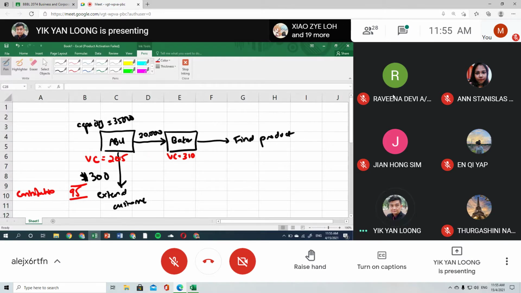I repeat, Abu can sell to an external customer at 300, variable cost is 205. Therefore, Abu will earn a contribution of 95 ringgit per unit he sells externally. So if Abu wants to transfer internally to Baka, he will need to sacrifice 95 ringgit of contribution. So far?